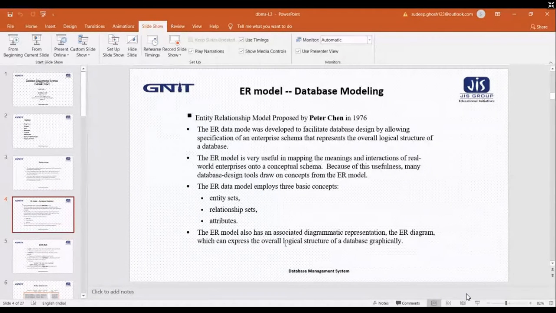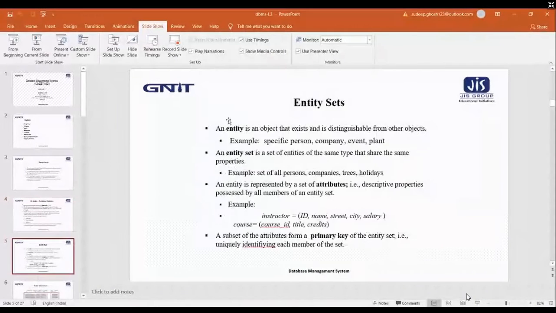The ER model has an associated diagrammatic representation that expresses the overall logical structure of a database graphically. I have already told this; I am just revising it from the PPT.